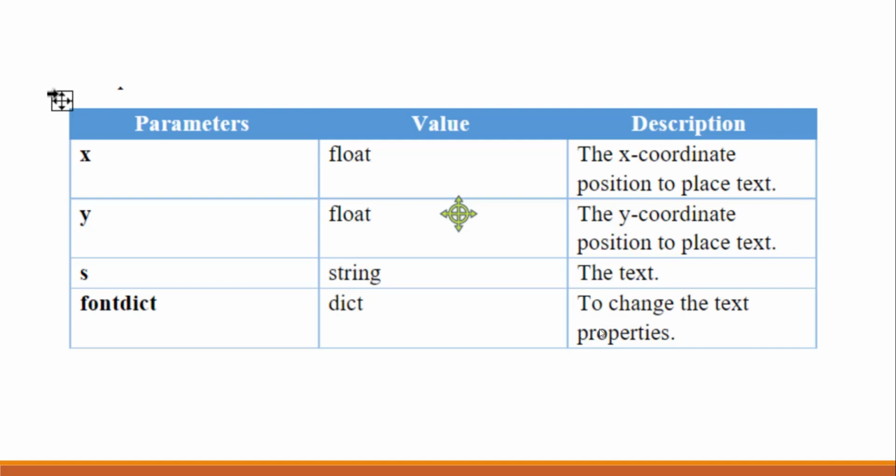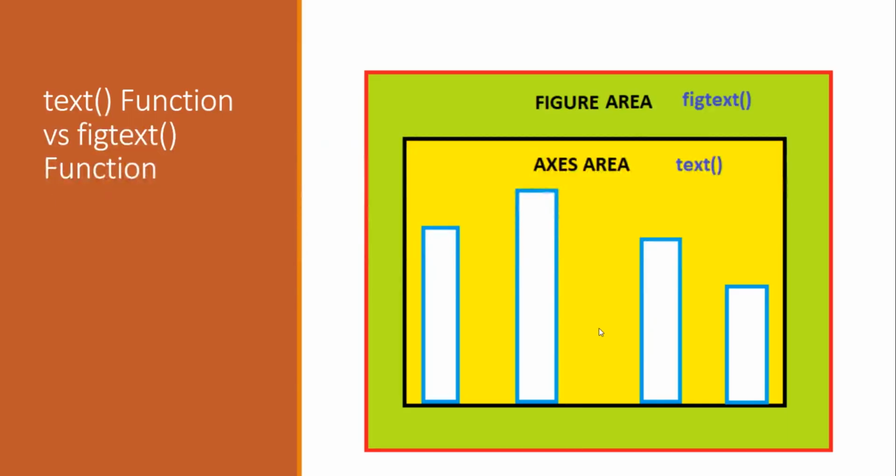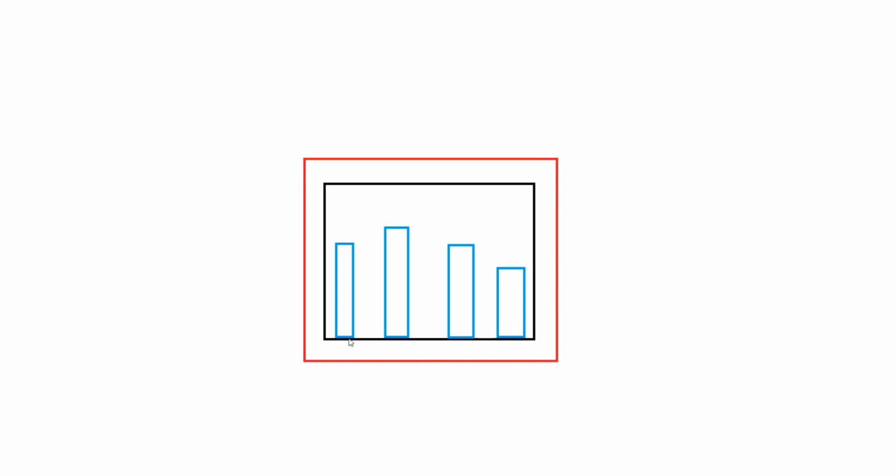So before showing you the example, I will show you the difference between the text function and the figtext function. Here you see an image in which we have a bar graph. You can see the area with black border and the blue bars. This area is the axis area. I filled this area with yellow color, and if you want to add text to that area, we use the text function. This function only adds the text to the axis area, not to the figure area.